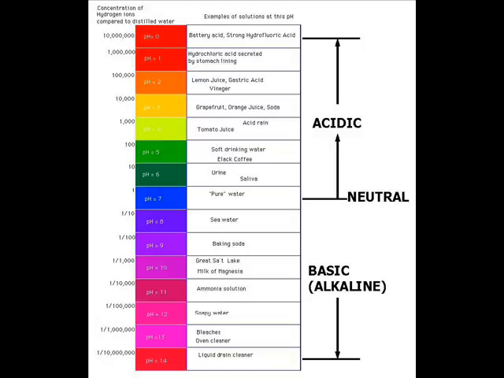When something is called an acid, the pH number is less than 7, and when something is called a base or alkaline, the pH number is higher than 7. The generally accepted minimum and maximum numbers for acids and bases are 0 to 14, although in extreme cases the numbers can be lower or higher than 0 to 14.